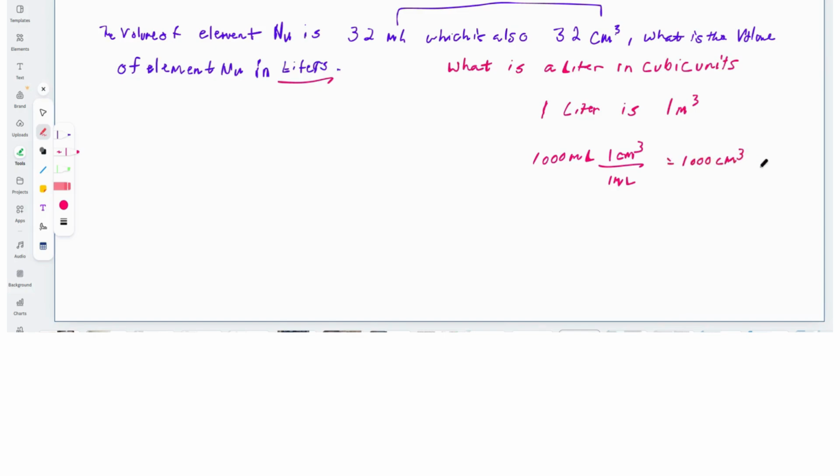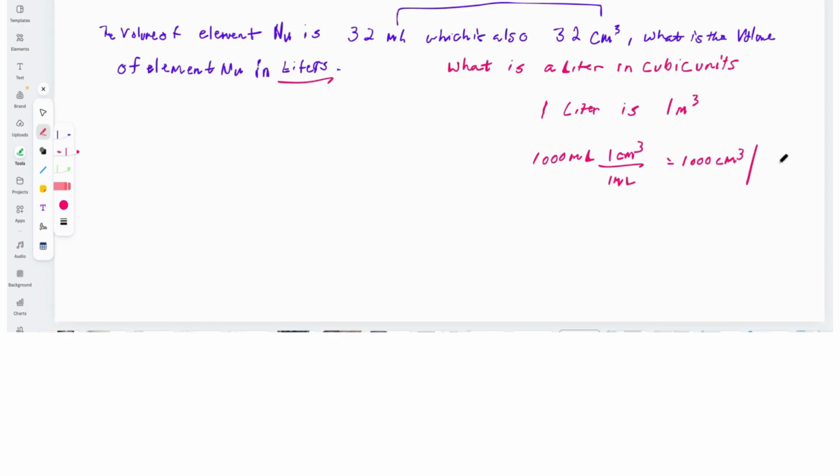I don't know where I'm going with this, but then I take that, and I know that if it's 1,000 centimeters cubed, let's say I want meters cubed, right?